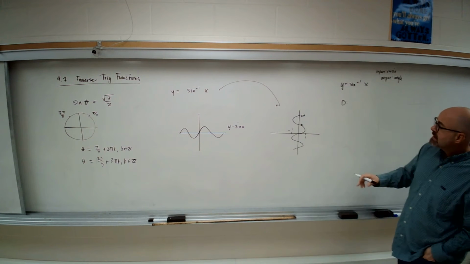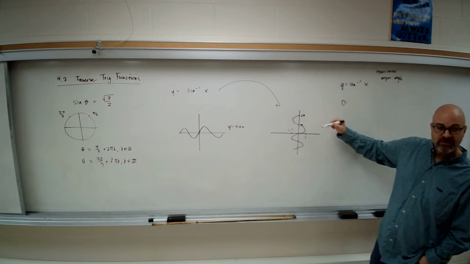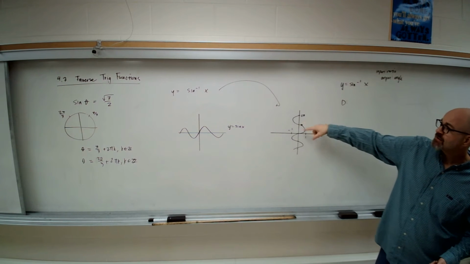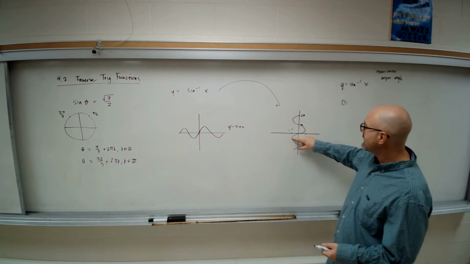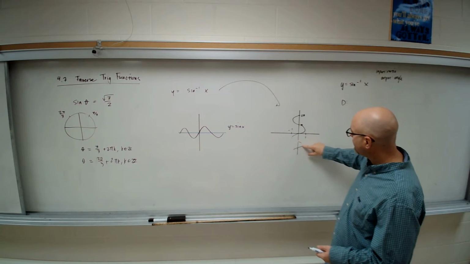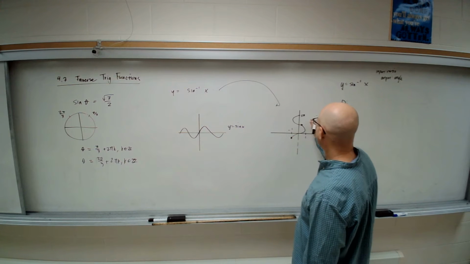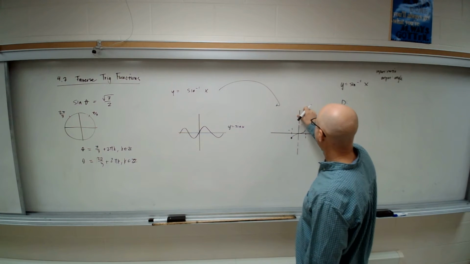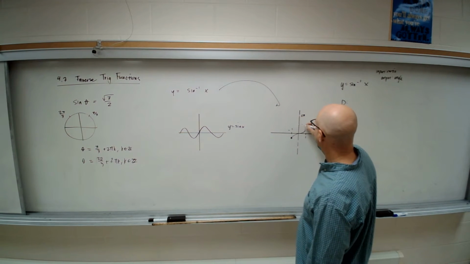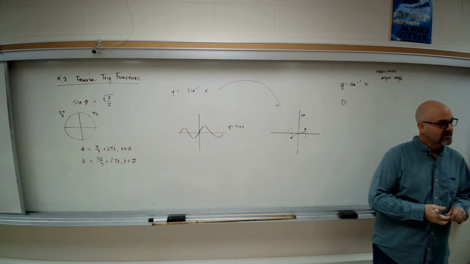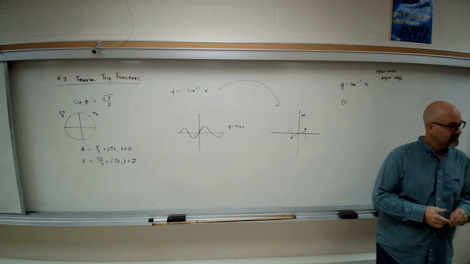So to make this into a function that passes the vertical line test, we take this graph of sine inverse of x and we get rid of all those pieces up there. We just use this little piece of the graph to define it as an inverse function.